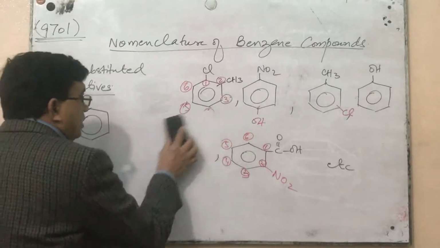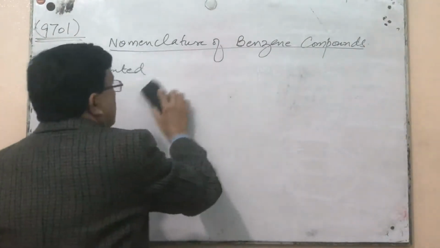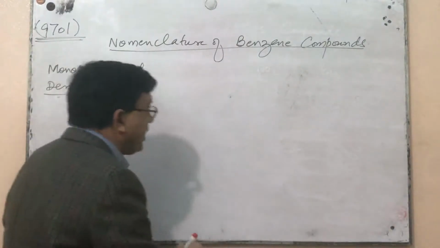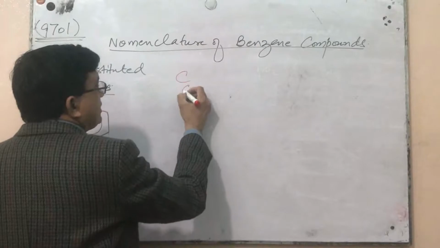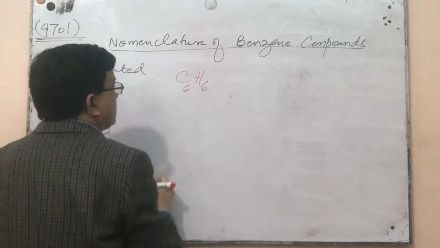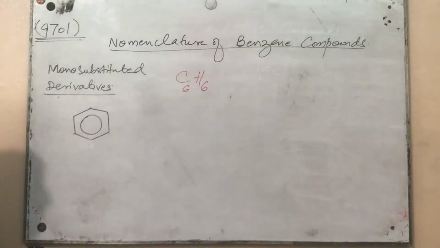Now, next is the reactions of benzene. We know that benzene has the formula C6H6. This is its structural formula.